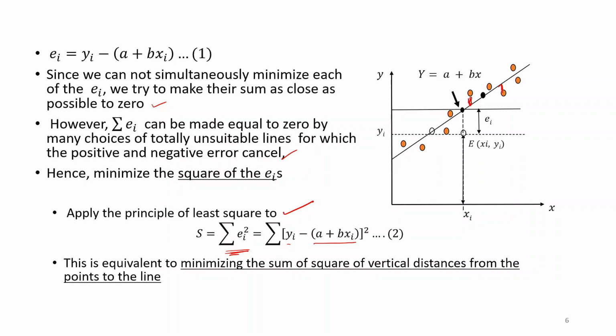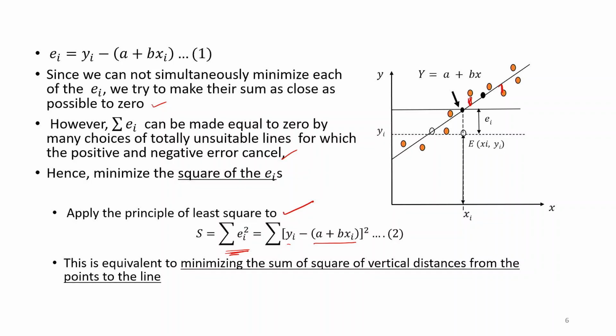So the error bars are basically the vertical distance between the point and the line that describes the linear relationship between the two variables. This is equivalent to minimizing the sum of squares of vertical distances from the points to the line. We still don't know which is that line. We have to identify that line.